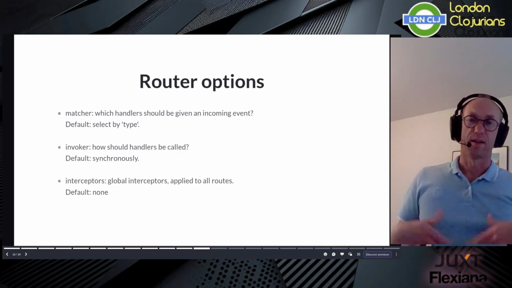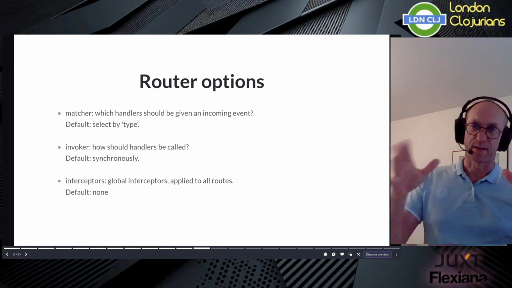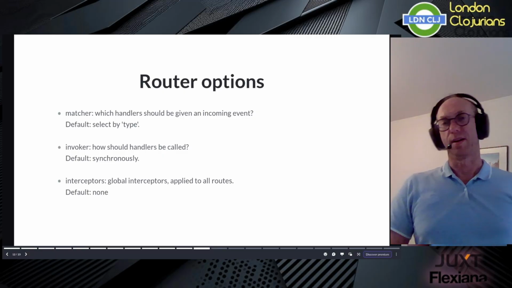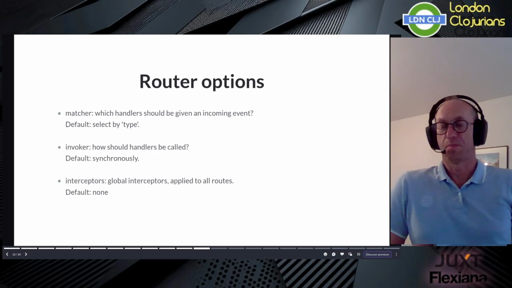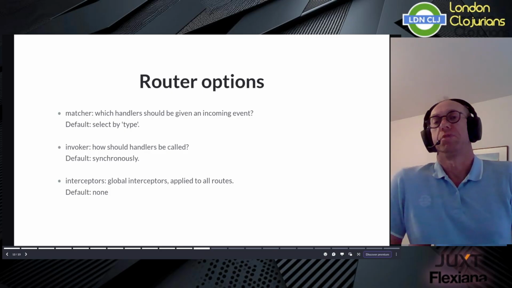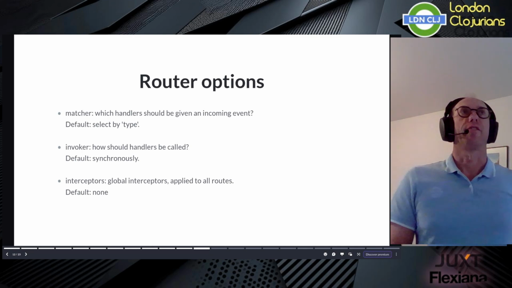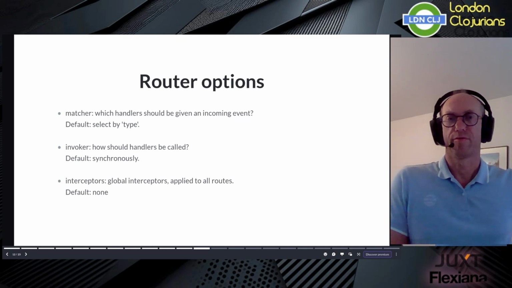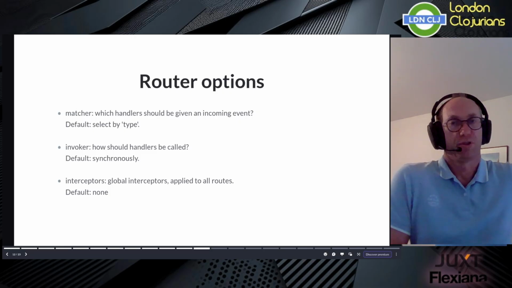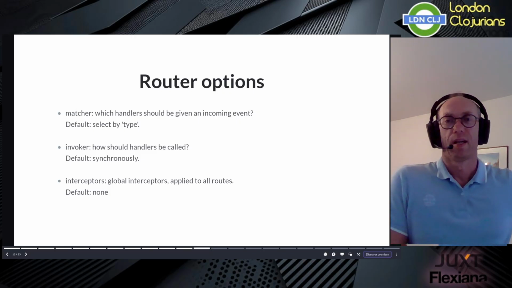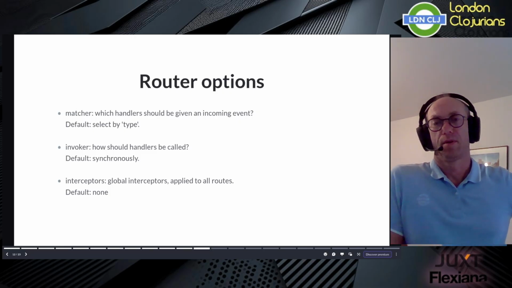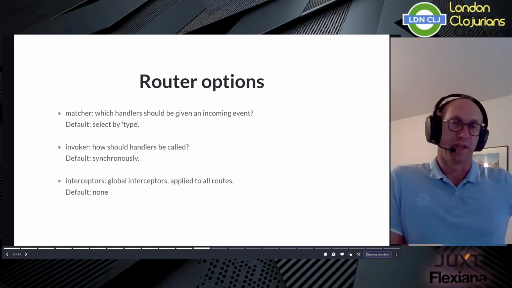So then it starts any number of threads and calls them in parallel. But in my case, I've always used the synchronous way. Besides, in practice, you will hardly ever have more than one handler for a single event type, but it's perfectly possible. Then also as an additional option, you can specify interceptors.